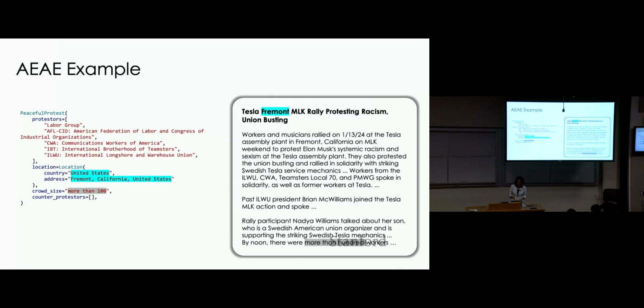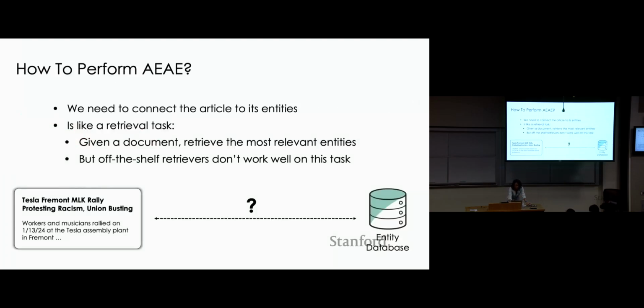So here is an example. In this case, in the end, we want to map it to those protesters. All right. And then, for example, for Fremont, I want to map it to the country and the address and so forth. Okay. So you can think of it as a retrieval task.